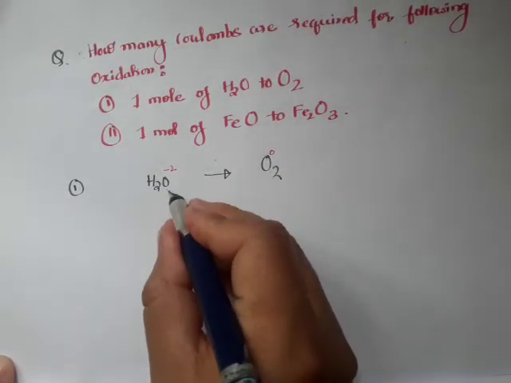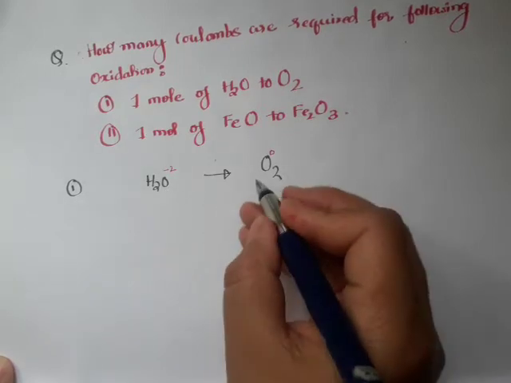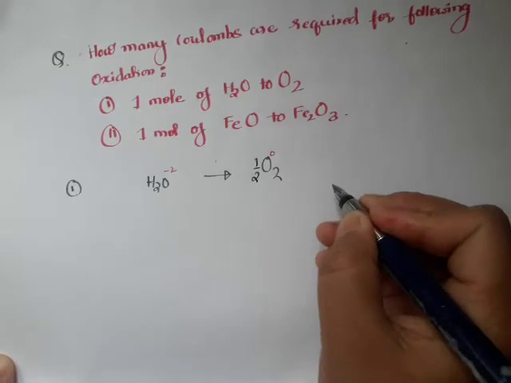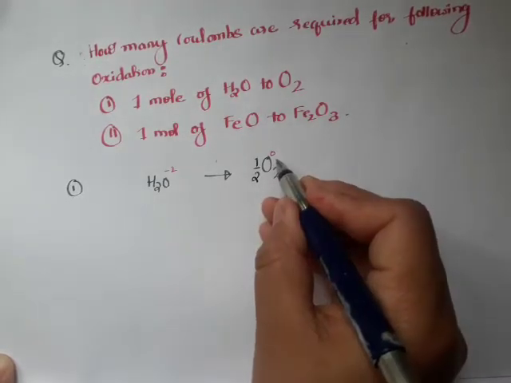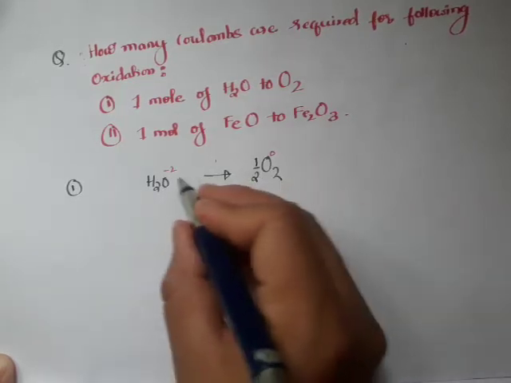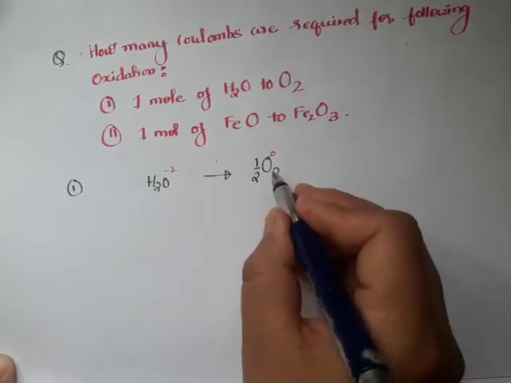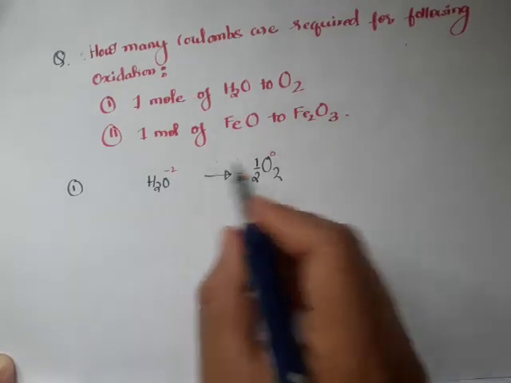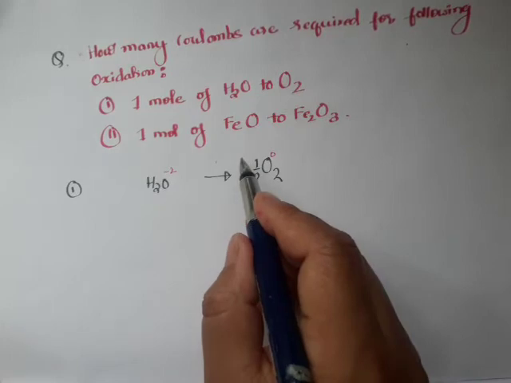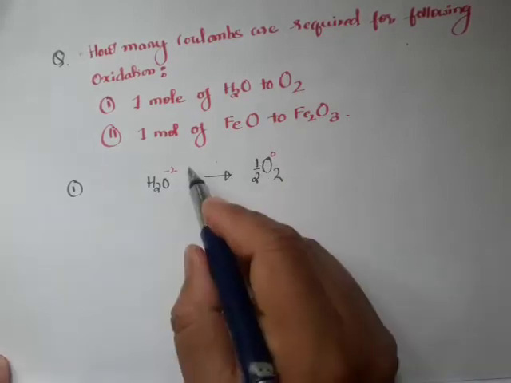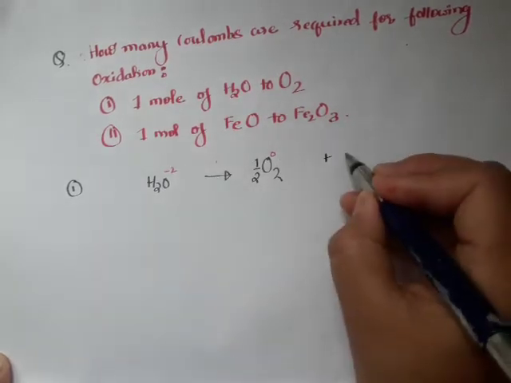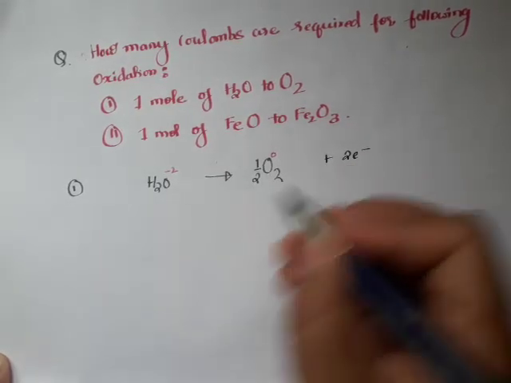Your charge is increasing, so this is oxidation. The number of electrons released is 2, so 2 electrons are lost.